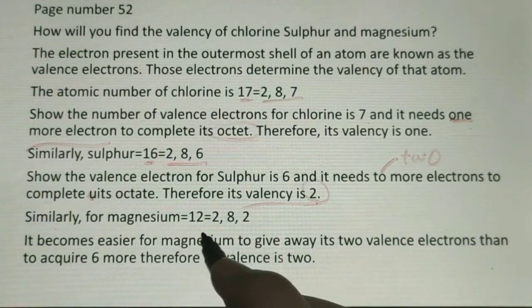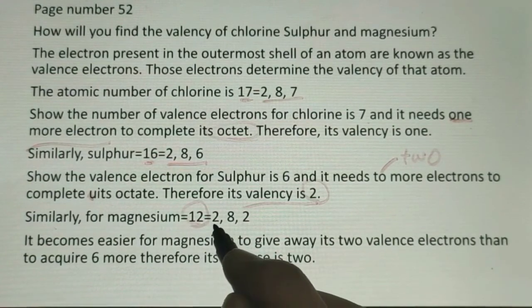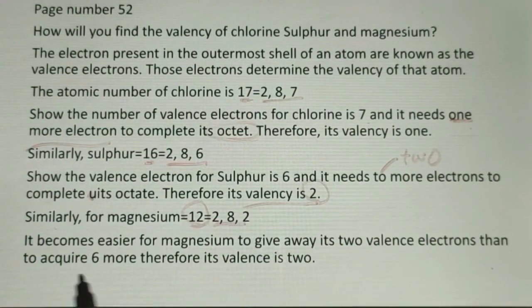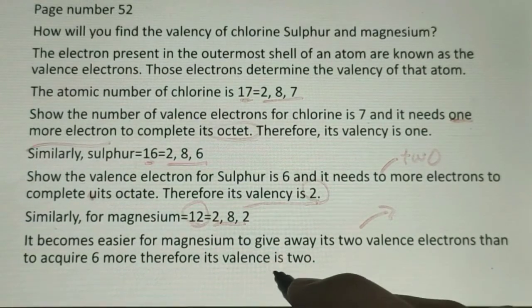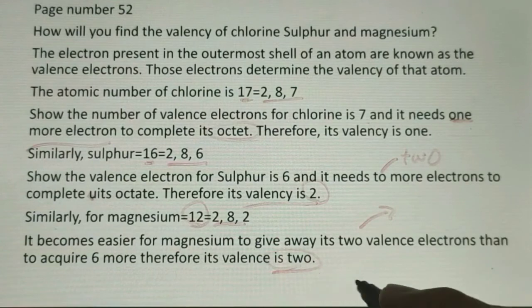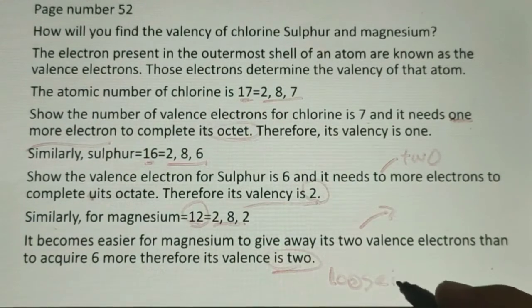For magnesium, it is having 12, making it 2, 8, 2. So it becomes easier for magnesium to give away its 2 valence electrons, than to acquire 6 more. Therefore, its valency is 2. But this valency is in the opposite sense, as it is losing the electrons.